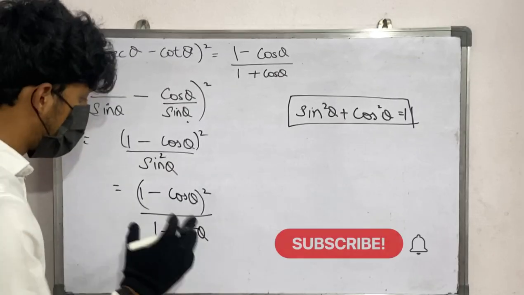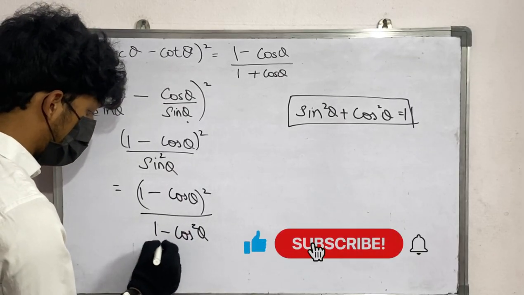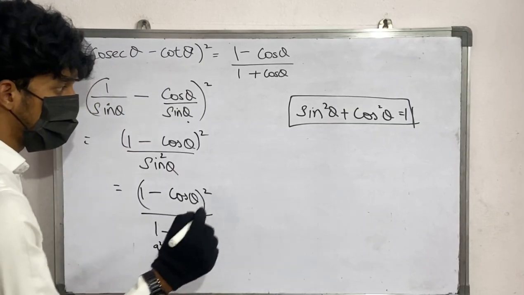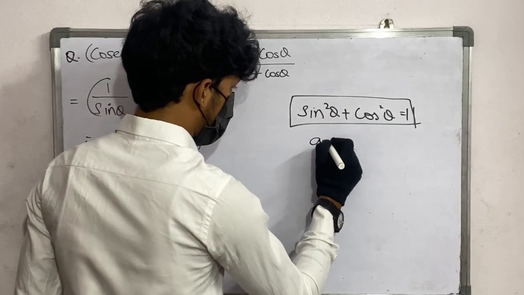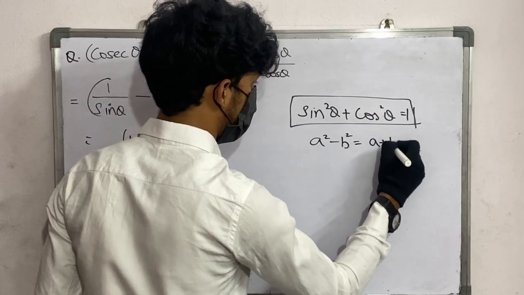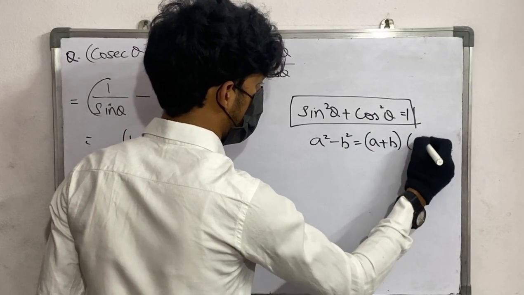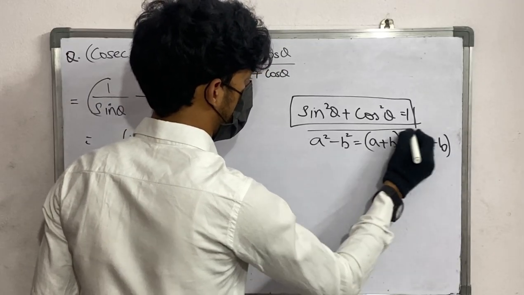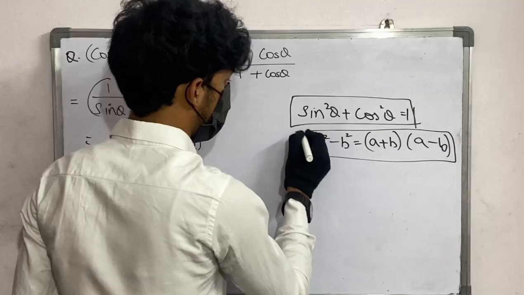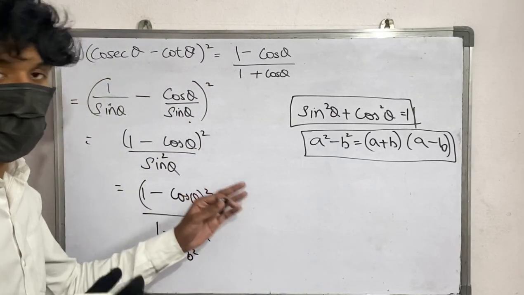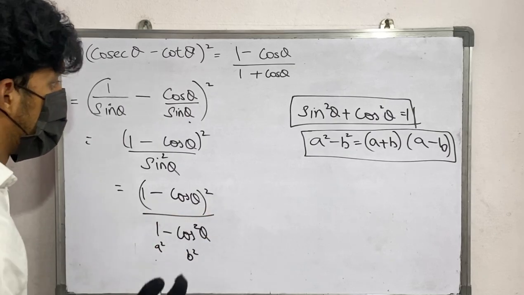Now this can be written in the form of a square minus b square, which can be written as (a plus b) and (a minus b). This is the algebraic law we use in algebra.